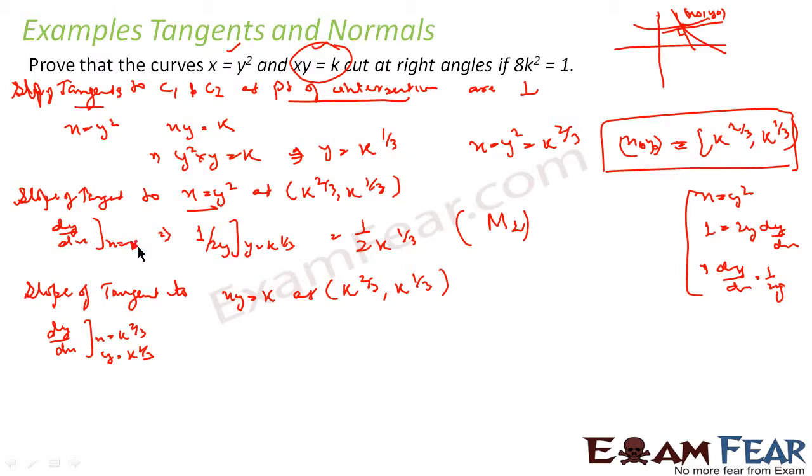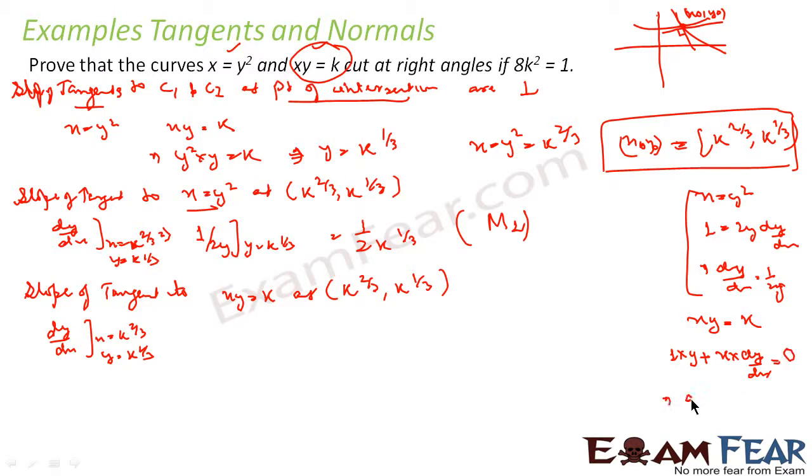My equation is xy is equal to k. Let's differentiate both sides with respect to x. Differentiate x with respect to x, you get 1 into y plus x into dy by dx. Differentiate k with respect to x, this is a constant, it is 0.